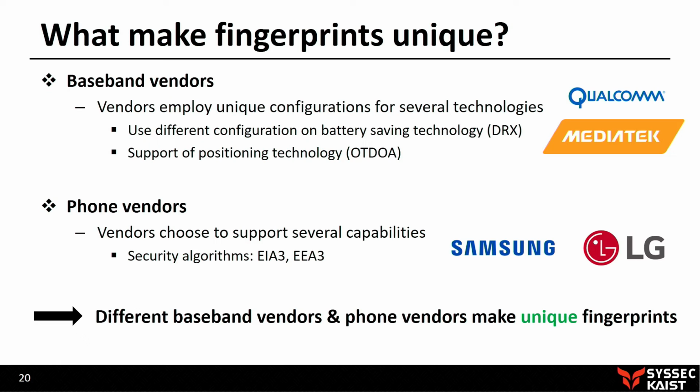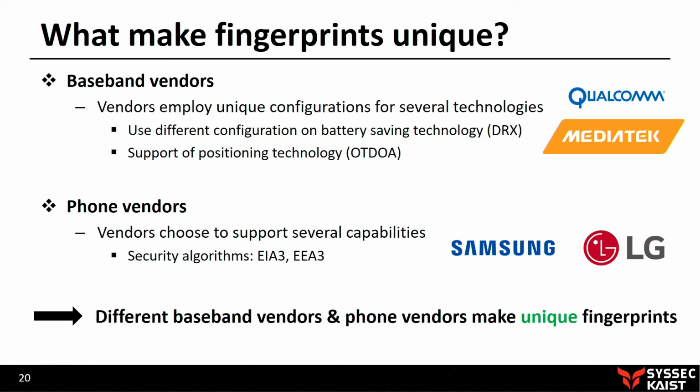As a result, we could find that baseband vendors and phone vendors highly contribute to the uniqueness of fingerprints. First, baseband vendors often employ their unique configurations to several technologies. For example, they use different configurations on a battery-saving technique called DRX, and only some baseband models from some baseband vendors support the positioning technology.